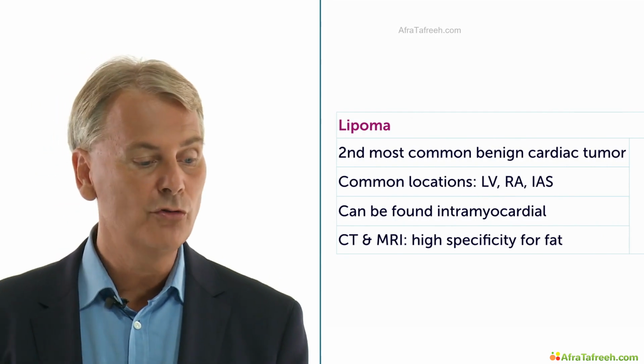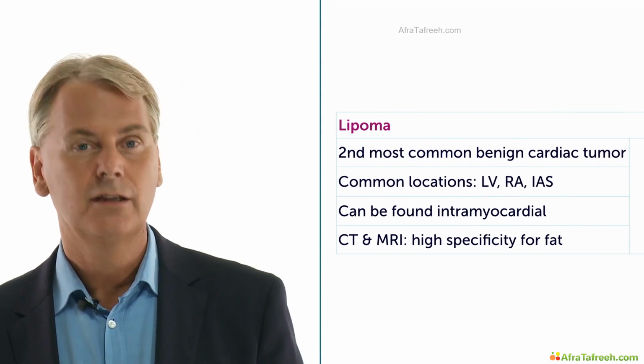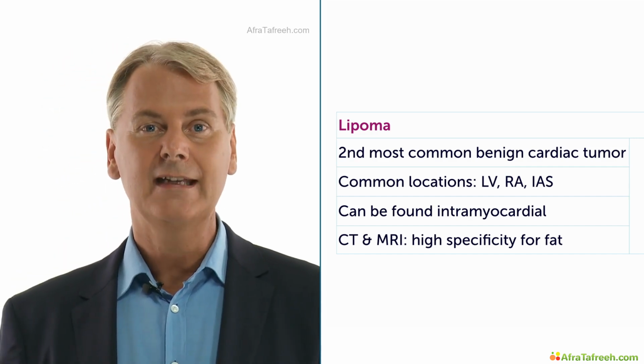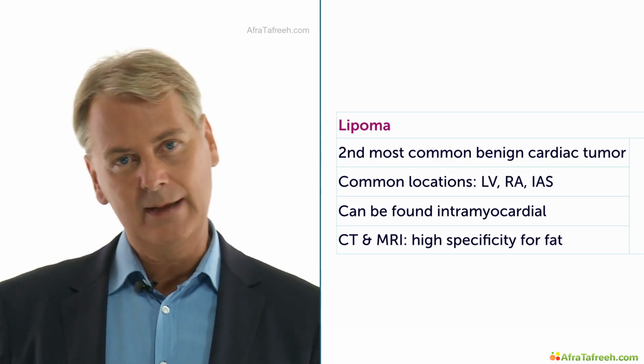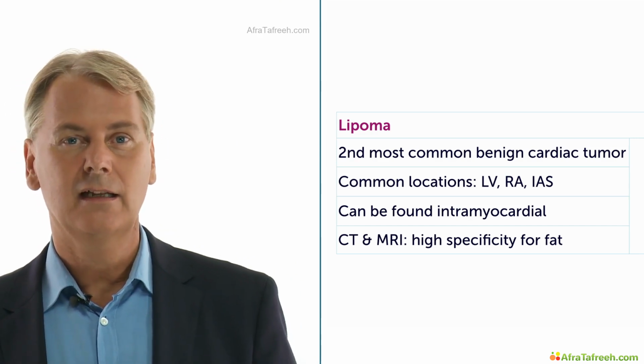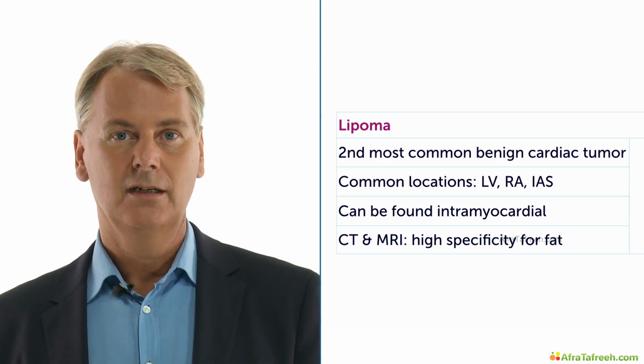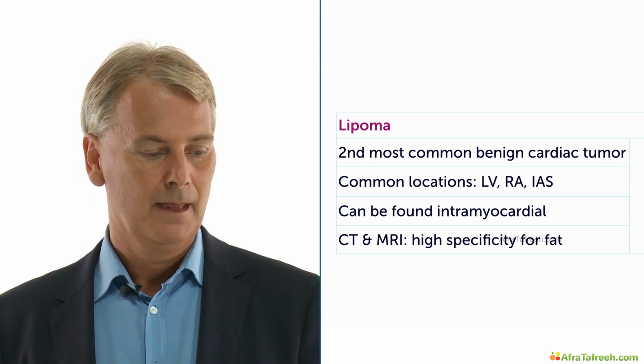Let's summarize lipomas. Lipomas are the second most common benign tumor. The most common location is the left ventricle, the right atrium, and the interatrial septum, where they can sometimes look a little bit like lipomatous hypertrophy or the so-called dumbbell pathology that we talked about previously.